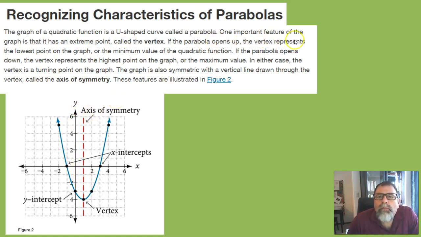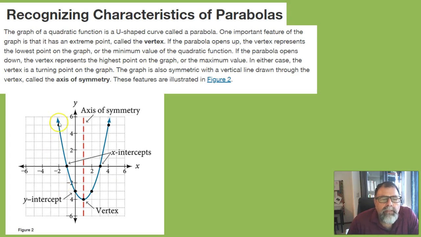All right, one important feature of the graph is that it has an extreme point called the vertex. So we call this bottom right here, in this case, the vertex. If the parabola opens up, as the one in this figure does, that represents the lowest point of the graph or the minimum value of the quadratic function.